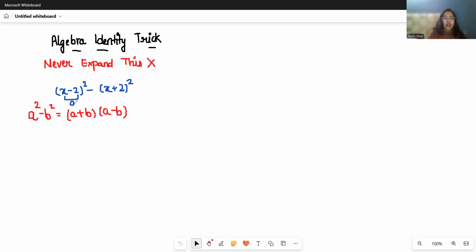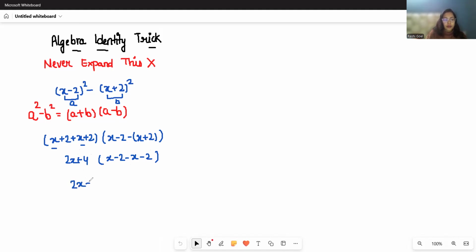So this part is a here and this part is b. Let's apply this. First case, a plus b, that means x plus 2 plus x plus 2. And second case is a minus b, so x minus 2 minus x plus 2. So it becomes x plus x as 2x and 2 plus 2 as 4. And here it becomes x minus 2 minus x minus 2.